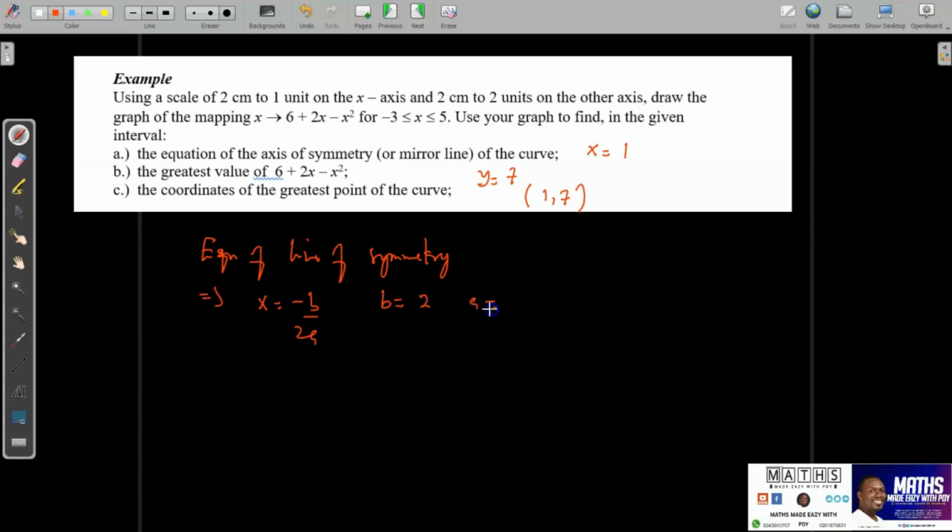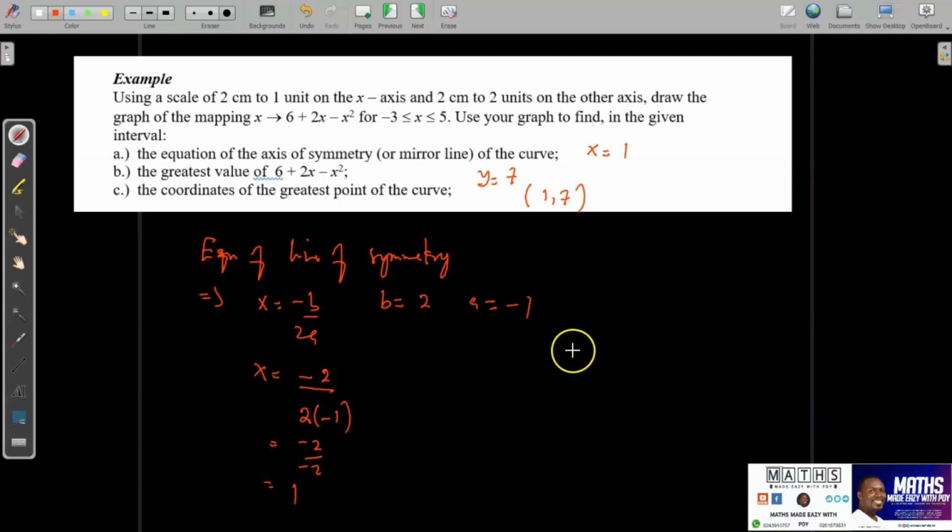And then a is what number? Negative 1. Therefore, x equals minus of b, which is minus of 2, divided by 2 times a. So we have 2 times negative 1. At the end of the day, you are having negative 2 over negative 2. Finally, 1. And it is true that our equation of the line of symmetry was 1.